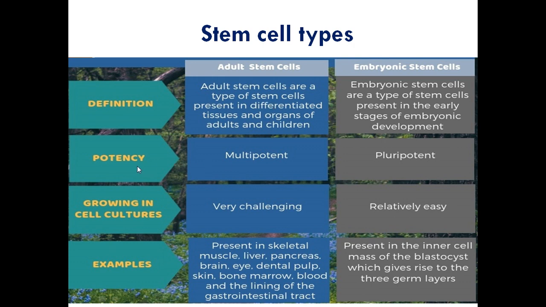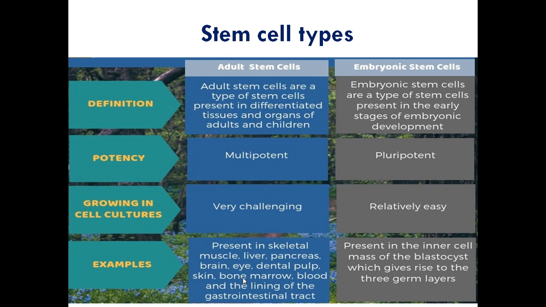The meaning of potency is ability. The ability of adult stem cells is multipotent. The meaning of multi is many. So here it will produce different types of cells that are related to each other. Again, multi means many, so it will produce many types of cells, but they will be related. For example, I mentioned bone marrow.